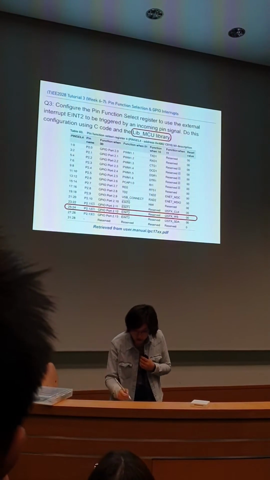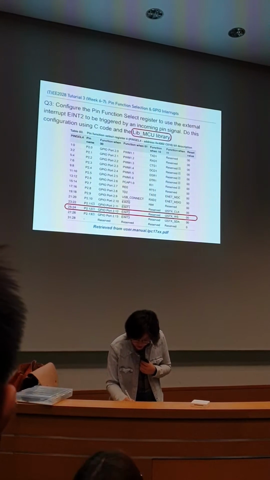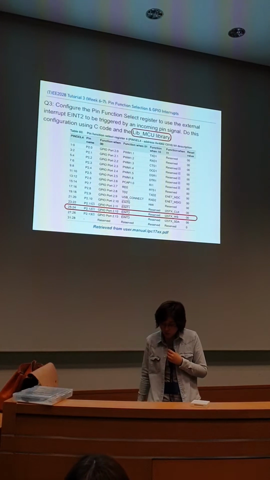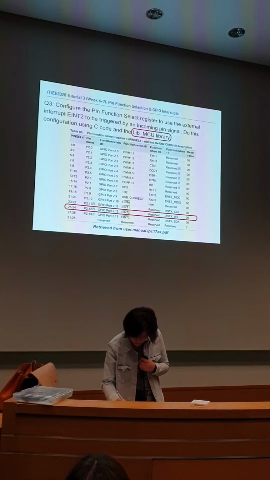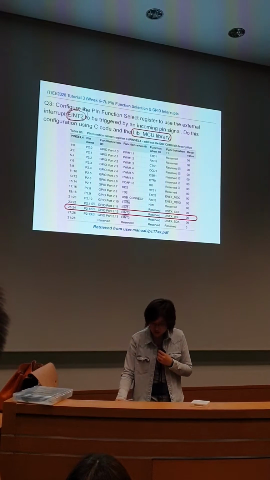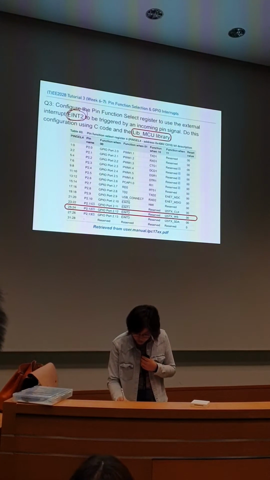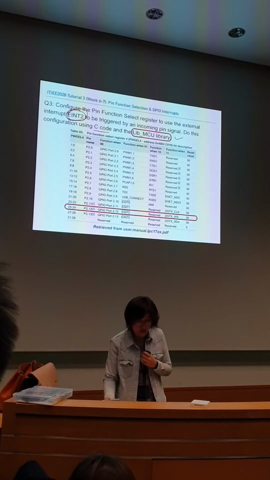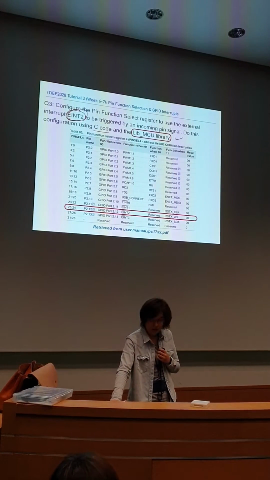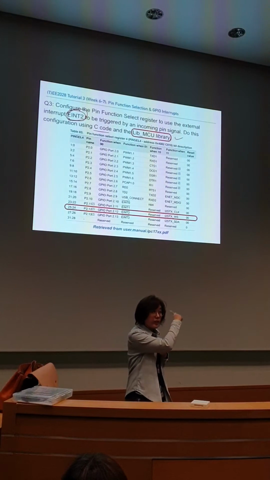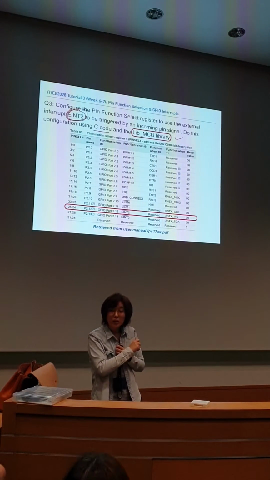Here you configure the pin function select register to use external interrupt EINT2. Maybe you don't know external interrupt yet, but you need to activate this function, to be triggered by the incoming pin signal. Do this configuration using C code and this library. Firstly, again, you need to look at the table to see which pin is actually doing this EINT2.